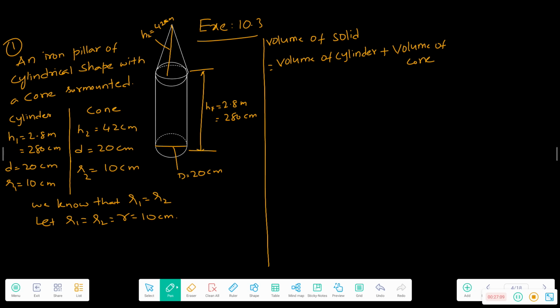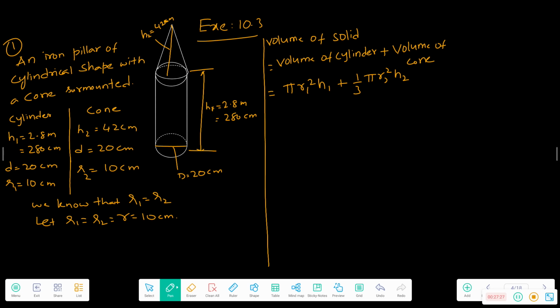The volume of cylinder is pi r1 square h1, plus the volume of cone, which is 1/3 pi r2 square h2.